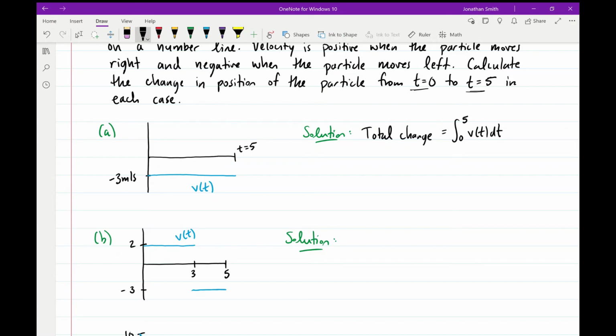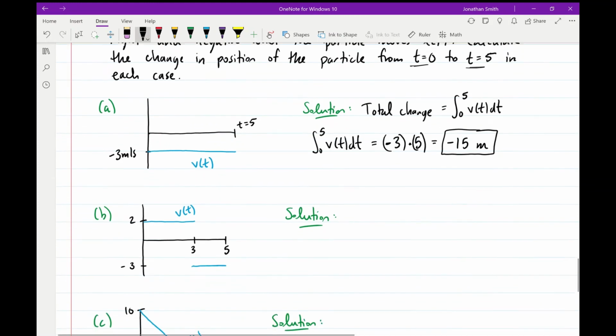So I would write the integral from 0 to 5 of v of t dt is equal to -3 times 5, which is equal to -15, and the units are going to be meters, because we are working in meters per second. So meters per second times seconds is going to give us meters for our units here.